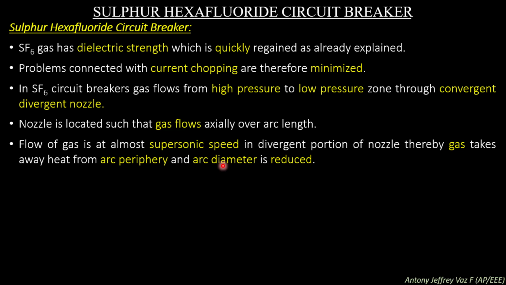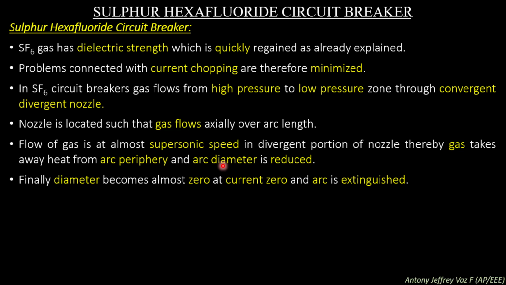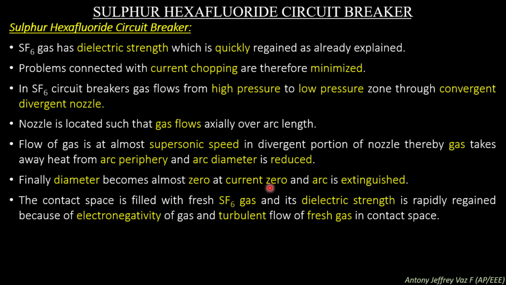At this supersonic speed, the gas can take away the heat of the arc periphery. Finally, the diameter becomes almost zero at current zero position and the arc is extinguished.